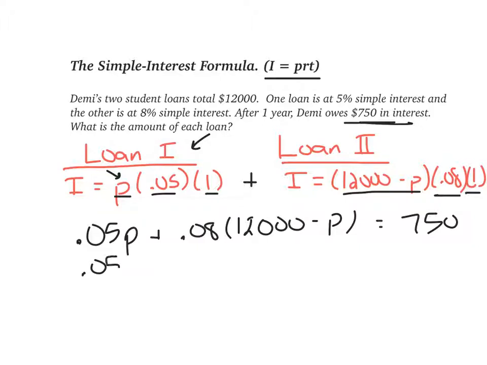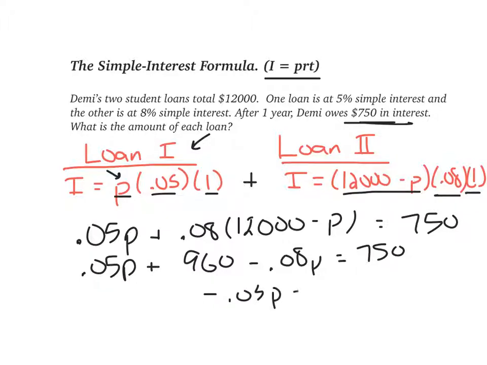So I'm going to do distributive right here with the 0.08. 0.08 times 12,000, which is 960, minus 0.08P, and that's 750. So I can combine my P's, which would give me negative 0.03P. I'm also going to move that 960 over to the other side and get negative 210.